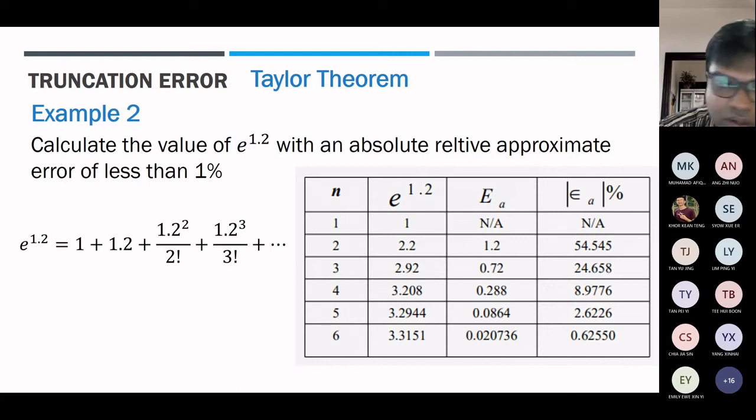I think I already taught you before, right? So you can use that approximate value. Now you determine the exact value and the corresponding approximate value.